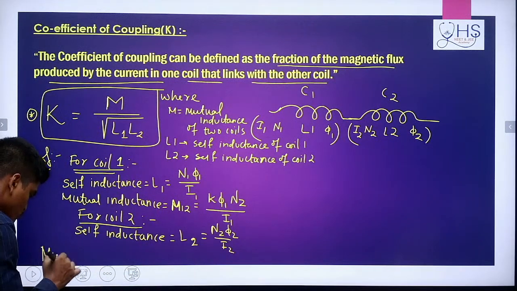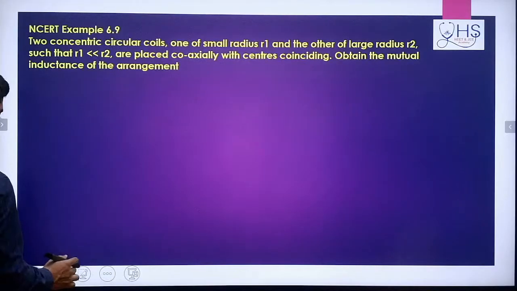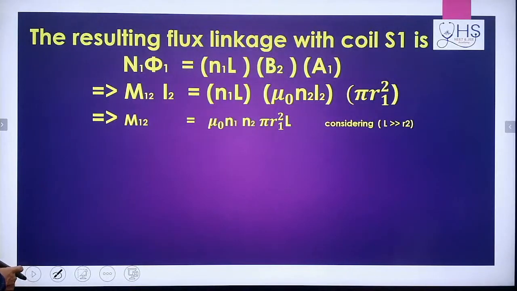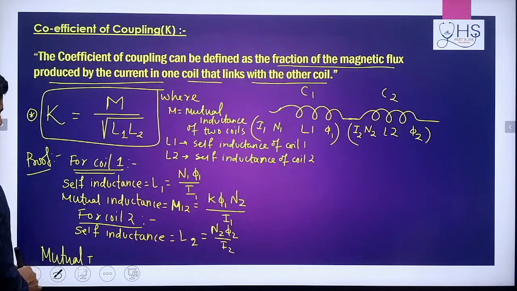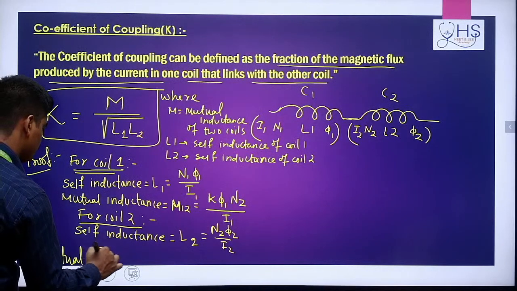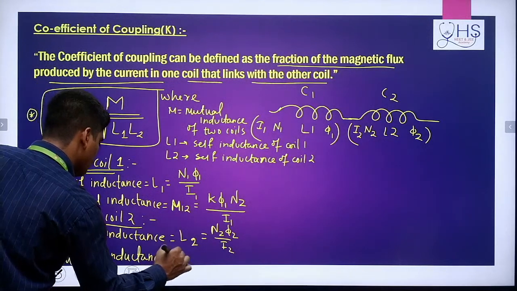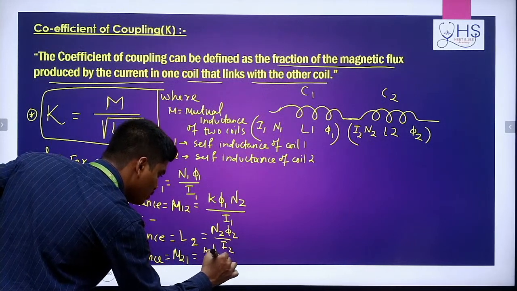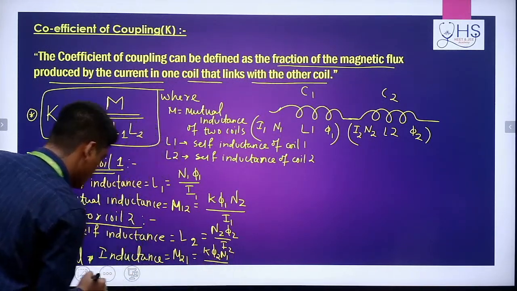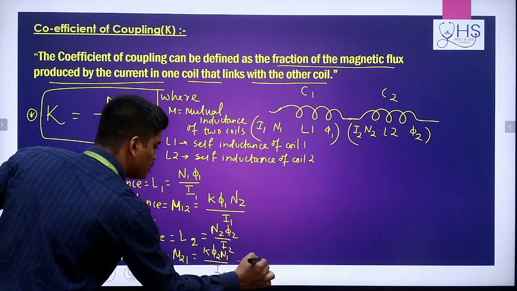And the mutual inductance will be M21, which is K phi 2 N1 divided by I2. This is your equation 1 and this is your equation 2.